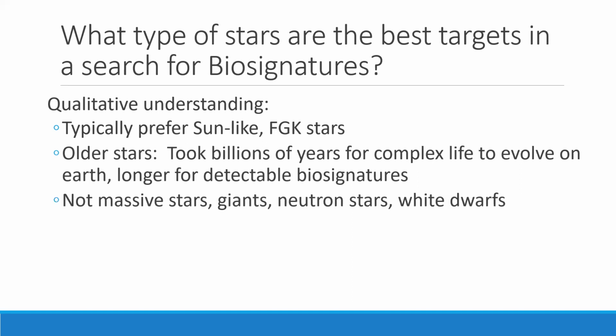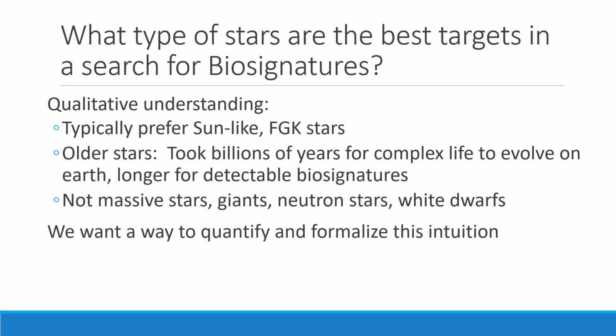We also tend to not look around massive stars or giant stars, and also neutron stars and white dwarfs due to their potential obstacles to habitability, although some of these could potentially be targets for search for biosignatures, although we'll be searching for very, very different types of life. So we want a way to quantify and formalize this intuition.